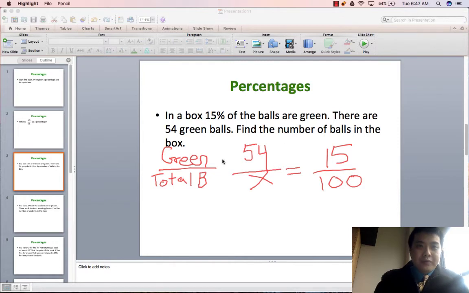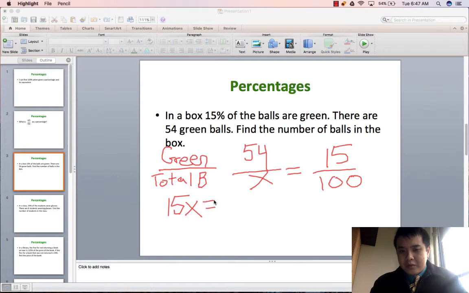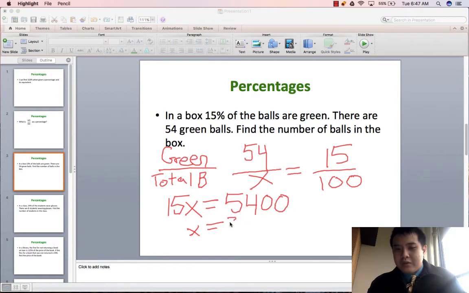Overall, it's 54. So we're going to cross multiply: 15x equals 5,400. We're going to divide by 15. When we do that, we find out that 15 goes into 5,400 360 times.